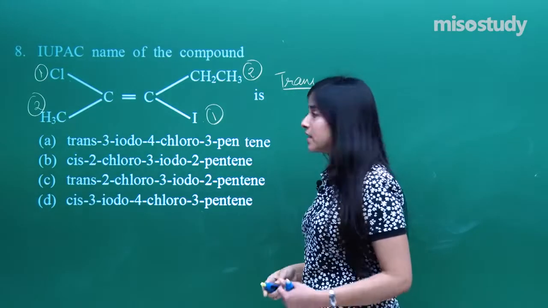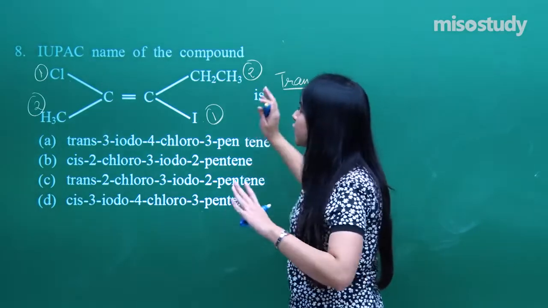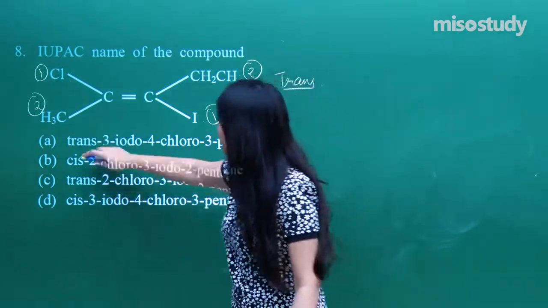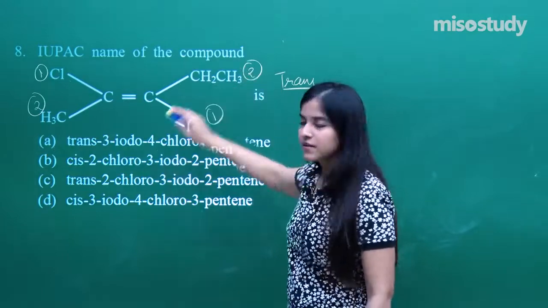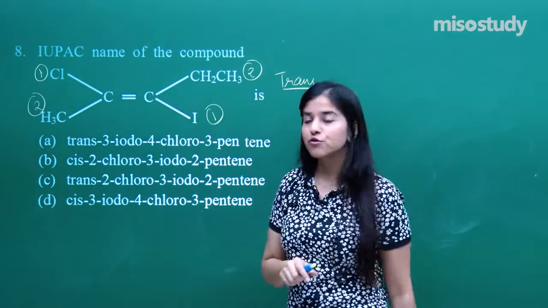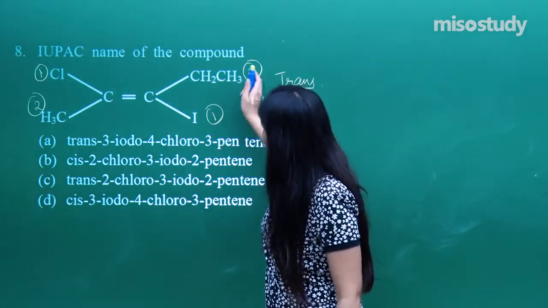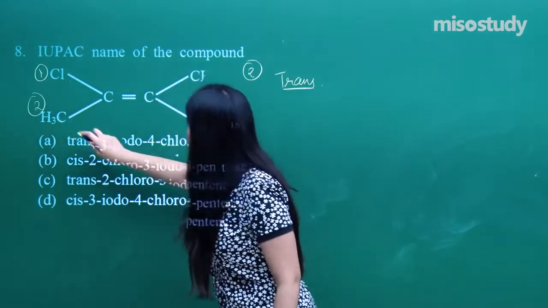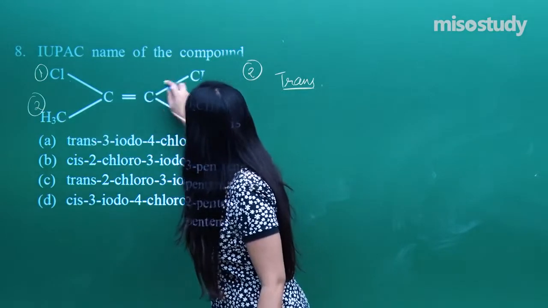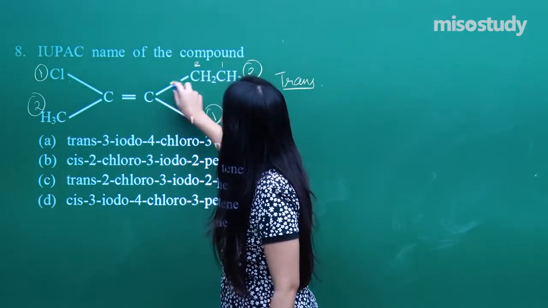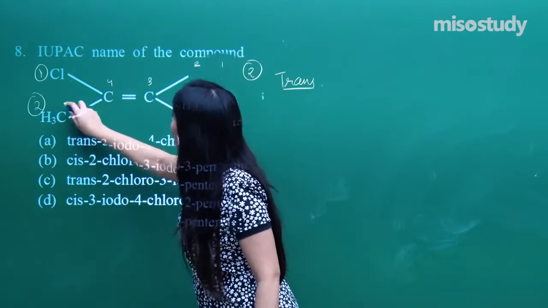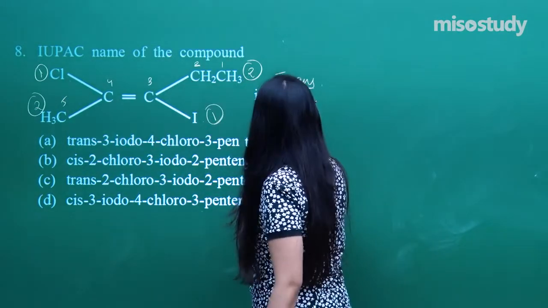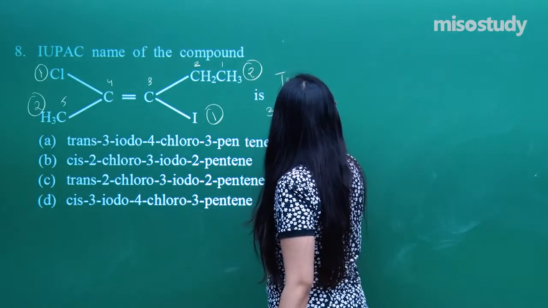Now I need to assign first of all a word root. What kind of a word root? I need to assign the longest carbon chain. That is also what we need to do here. If I go by this direction, 1, 2, 3, 4, 5, so 3 is iodo.